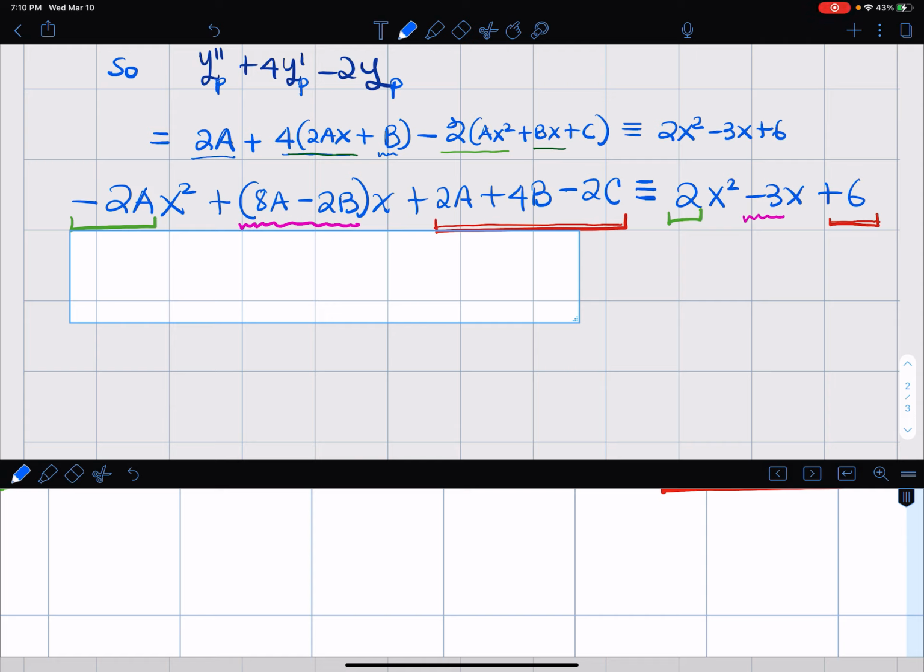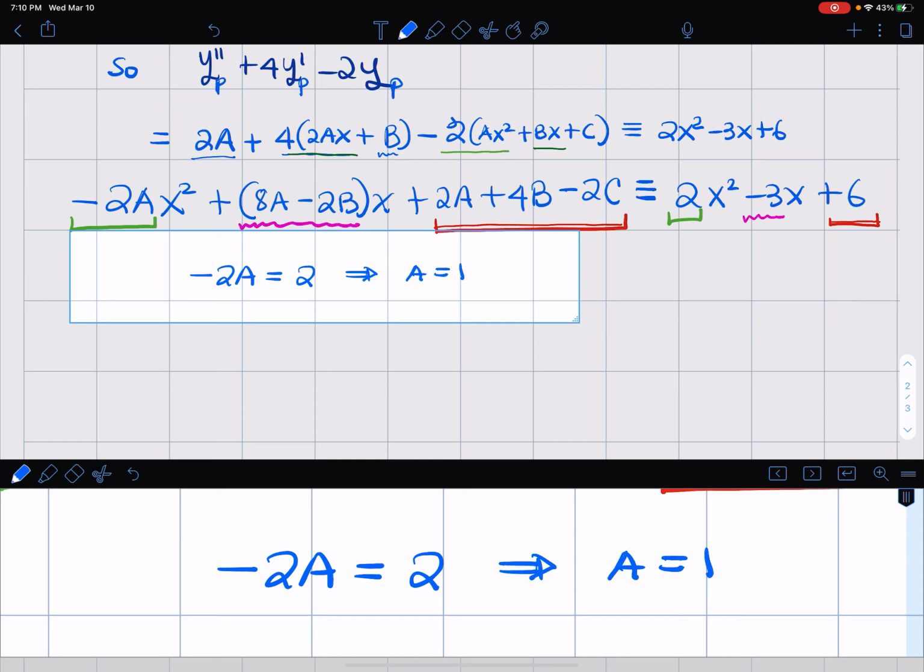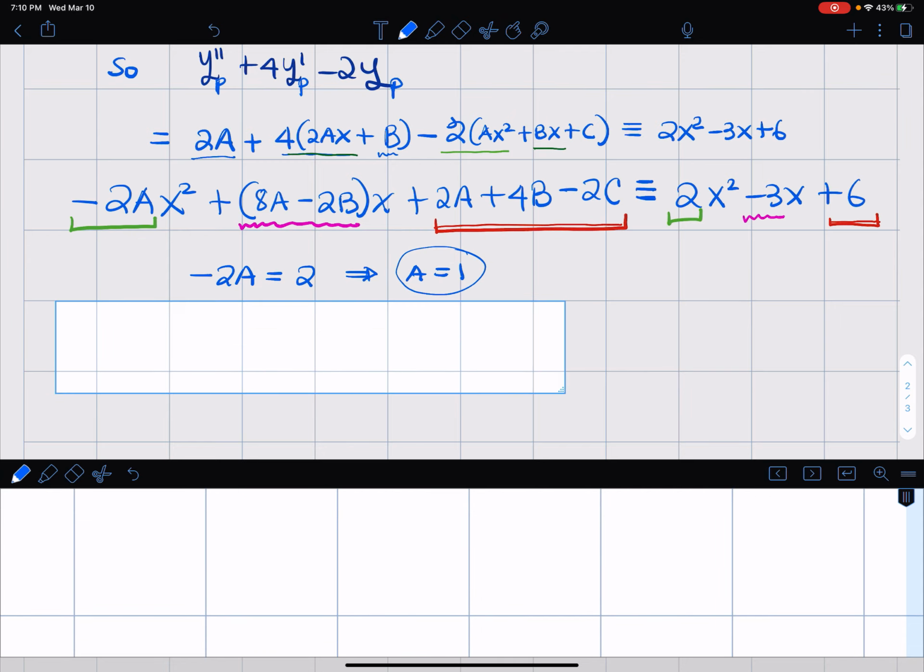We have negative 2a. First of all, negative 2a is equal to 2. This tells us that a is 1, right? So we have one solution for the variables.